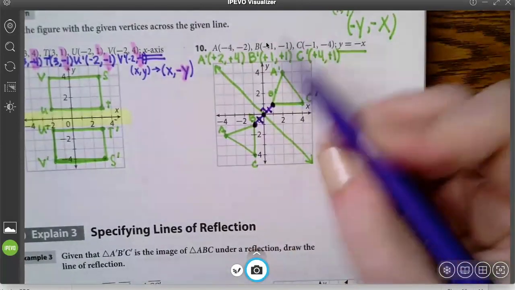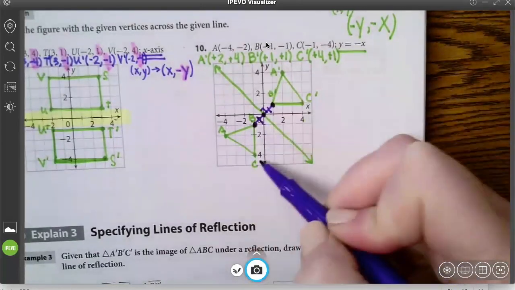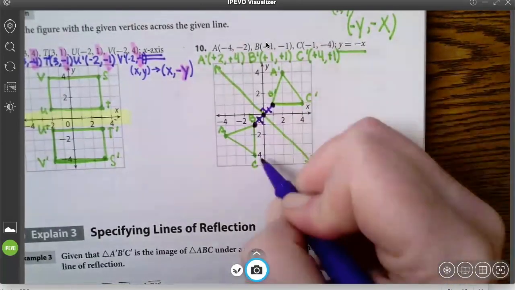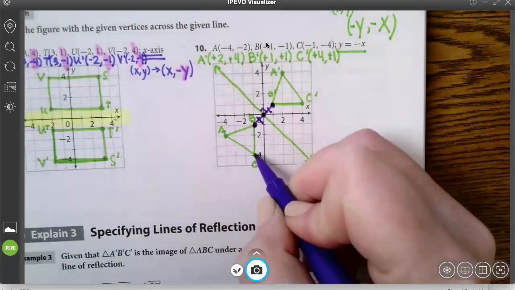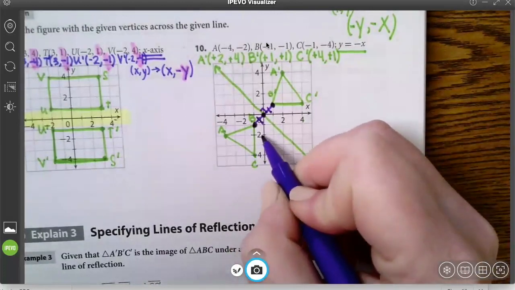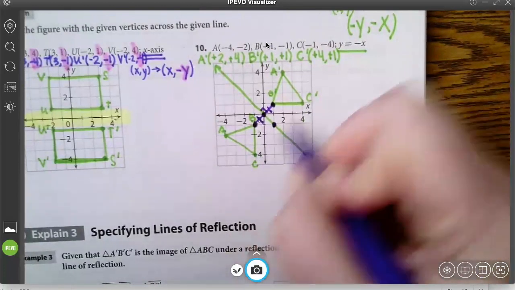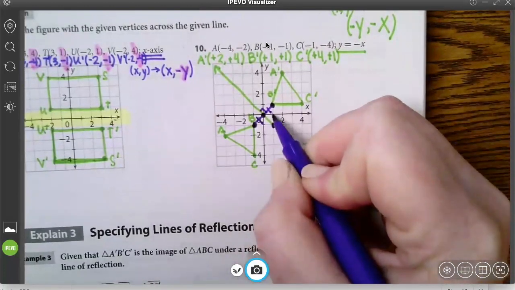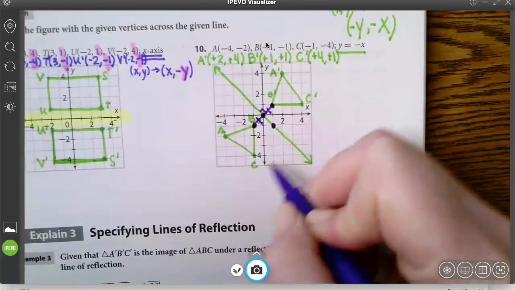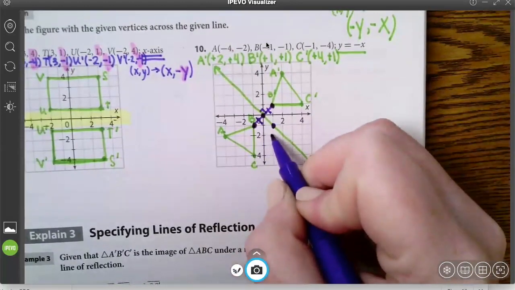That would be true if we connected A and A prime and C and C prime as well. So for C and C prime, for example, up 1 and over 1 is one, and the second one is another half. So there's our midpoint. So up 1 and over 1, I'm sorry, I did that 1, 2, and a half.